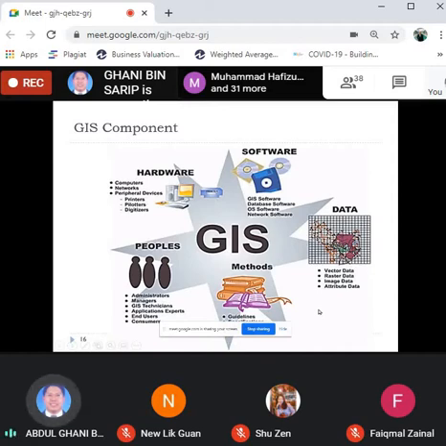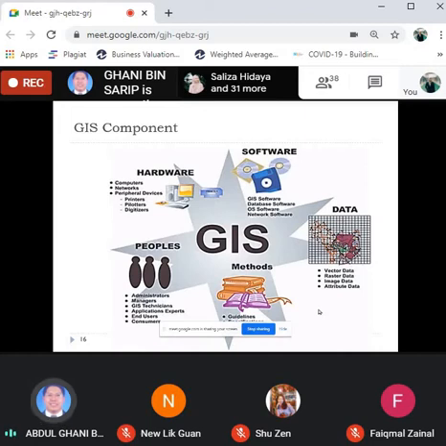But for us, we would only utilize Google My Maps, which has somewhat limited capabilities of showing spatial data or the spatial data component of a GIS, but not so much of the analytic capabilities.